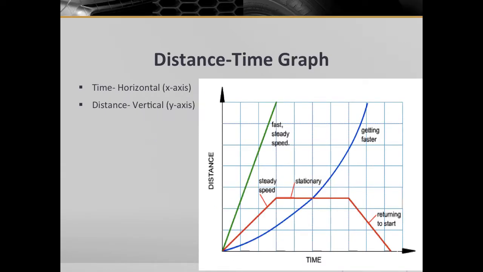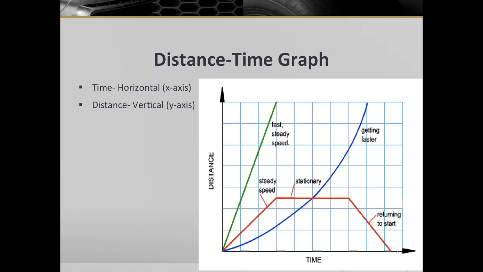Distance and time graphs. The time is always going to be represented on the horizontal axis, which is known as the x-axis. And the distance is always going to be vertical and represented on the y-axis. As you can see, you have 3 different lines, one green, one red, and one blue.